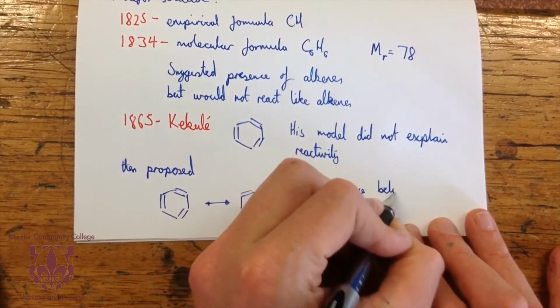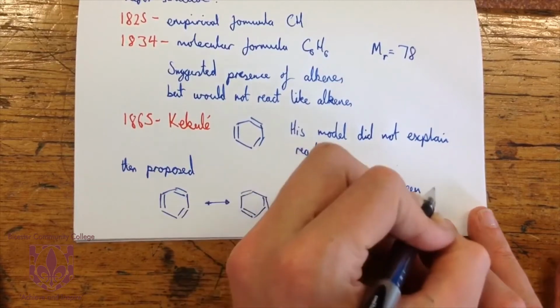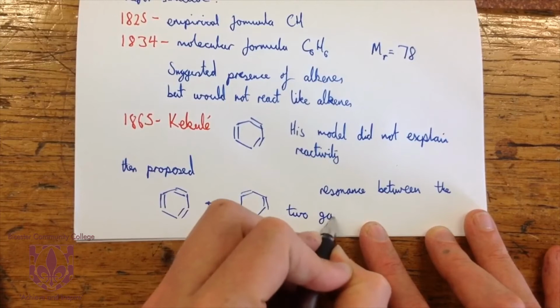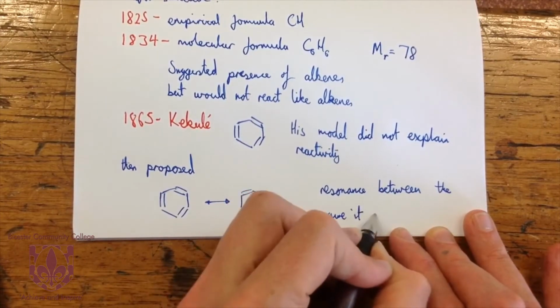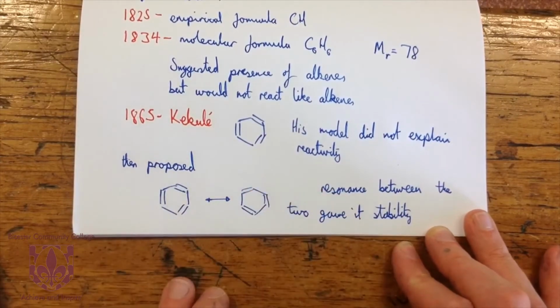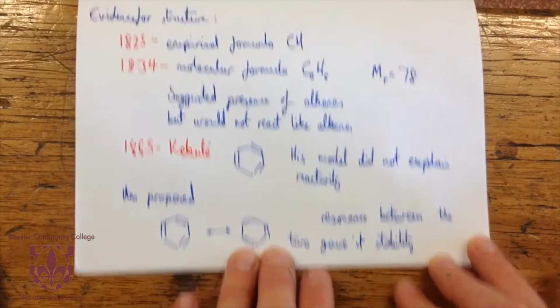So think of your frequencies and your resonance. So resonance between the two gave it stability. Okay, so that was his explanation. This was an idea, and most people accepted it. They thought that was pretty sensible.